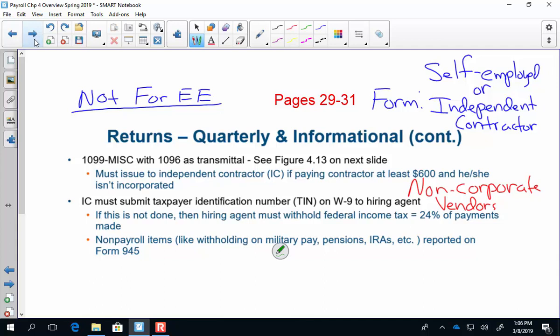The book then goes to pages 29 through 31. They talk about informational returns that are not for employees, non-employees. One of the biggest ones that you'll encounter is the 1099 miscellaneous. So this is the individual form.